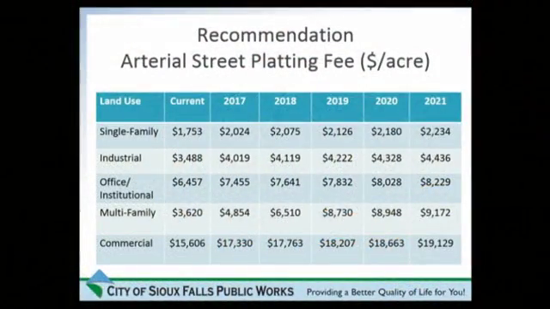Do we have any numbers on the additional cost to housing this adds? I don't have any, but for single family, the fee is going up about $250 to $275.